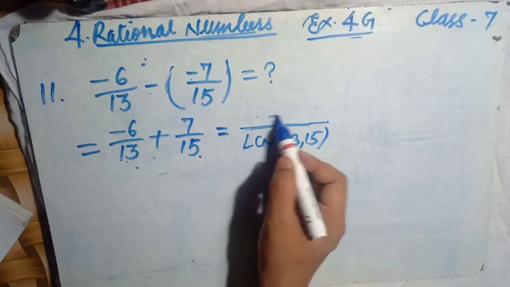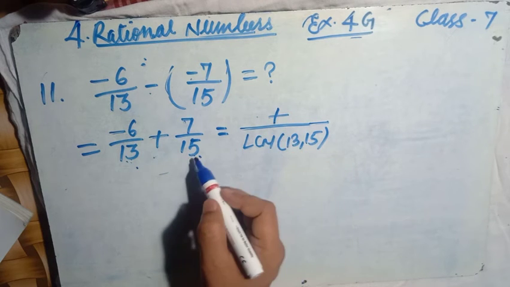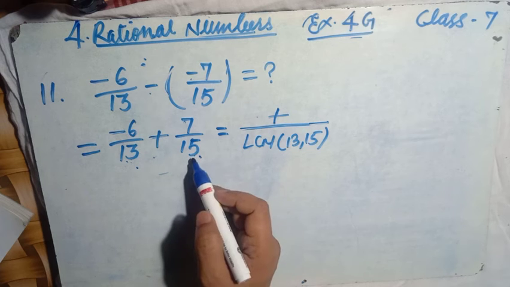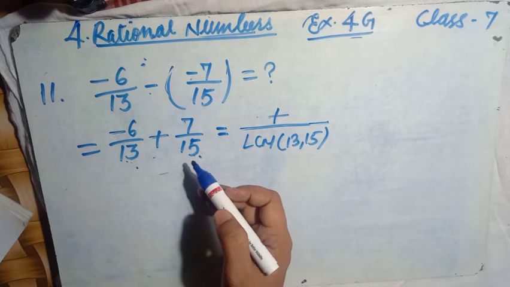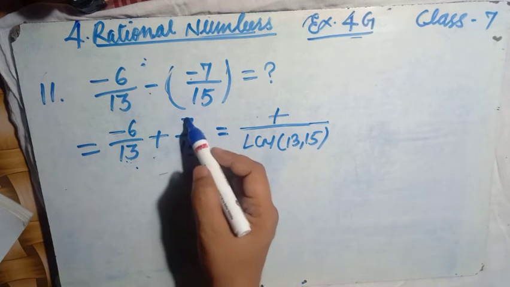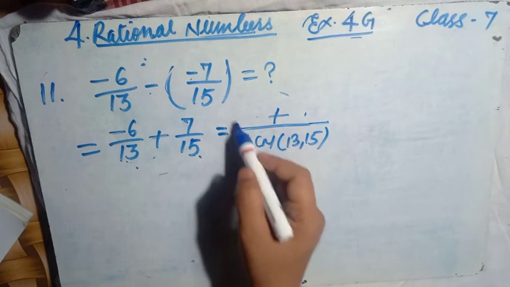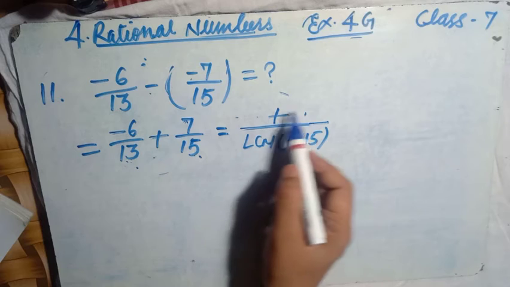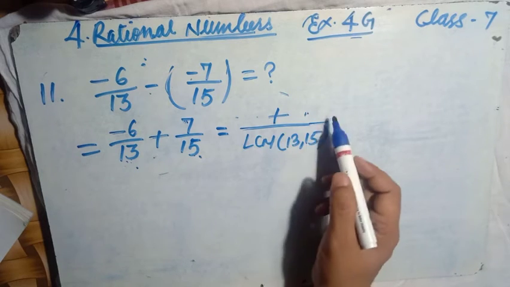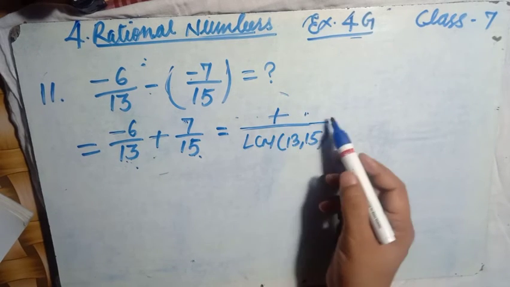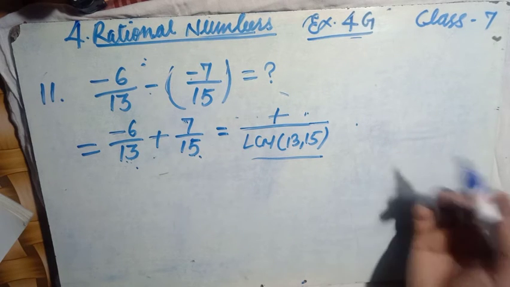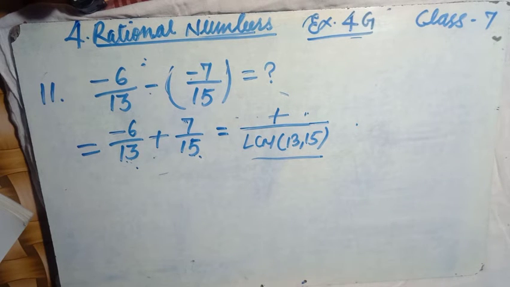Write the plus sign, then divide the LCM by 15 and multiply the quotient with 7. Add these two values, and divide by the LCM you got. This will give you the answer. I hope you will do it.